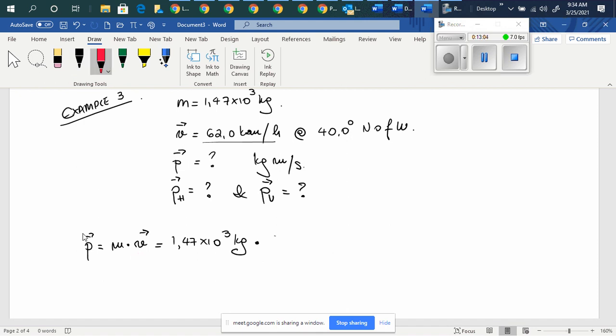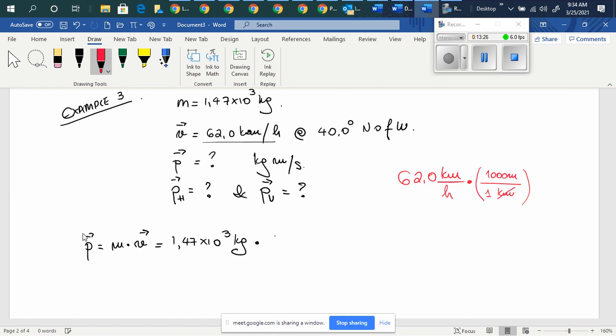And how do we do this? So we start with using the factor label method, so it is our unit analysis. Then we start with multiplying it with the ratio of 1. So 1 kilometer is 1,000 meters.